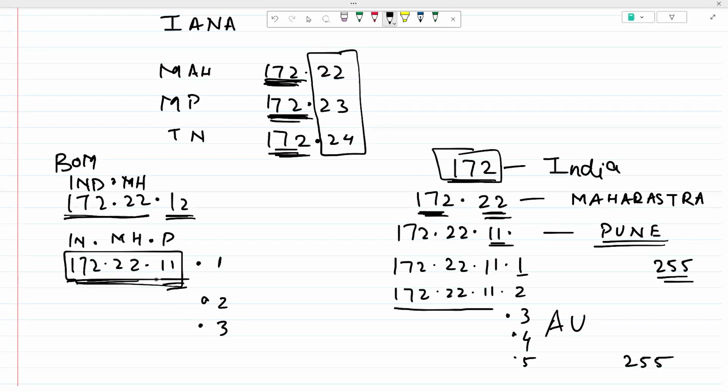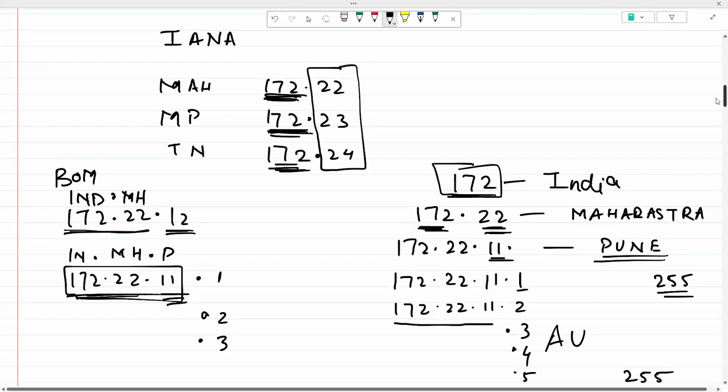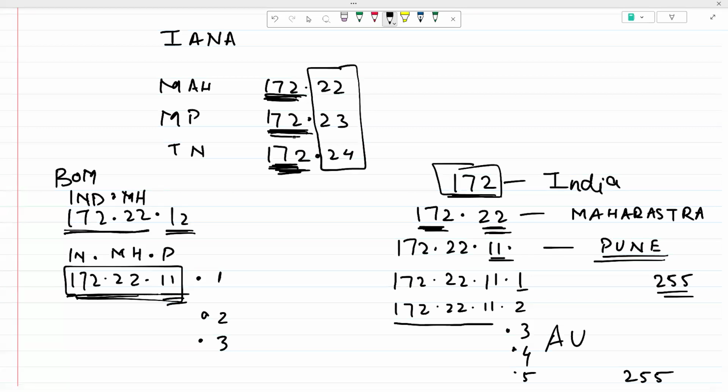Now coming back to this perspective of IPv4, the octets that are constant are called network octets.